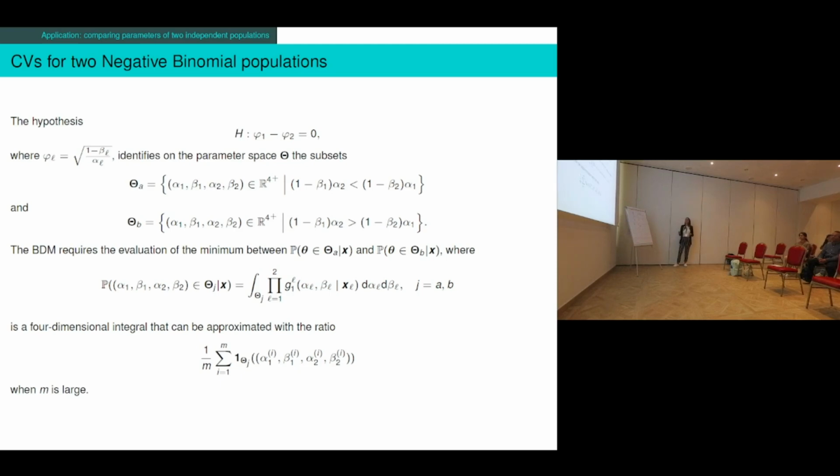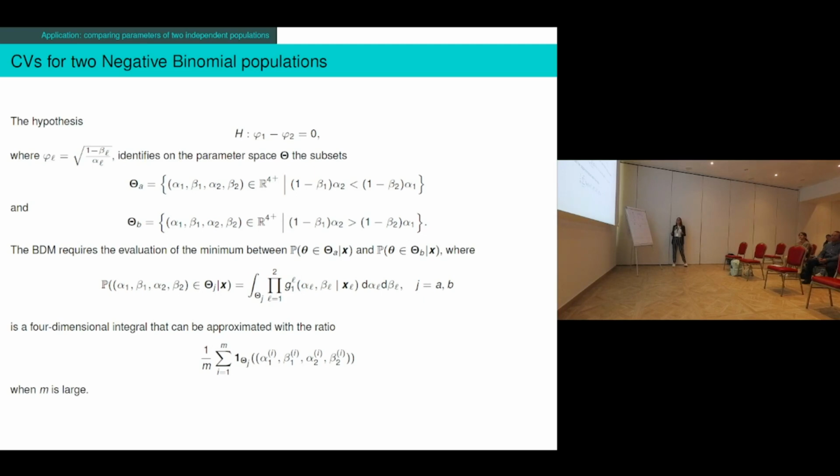Then we would like to test the hypothesis phi1 minus phi2 equal to 0, where phi-l is the coefficient of variation. And again, the hypothesis partitions the space in these three sets, but here we are visualizing only theta A and theta B since we need them to compute the posterior probability.